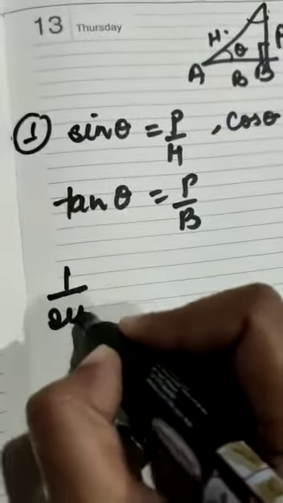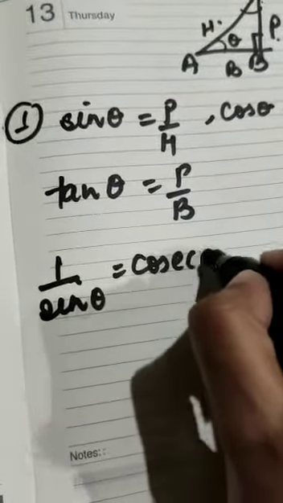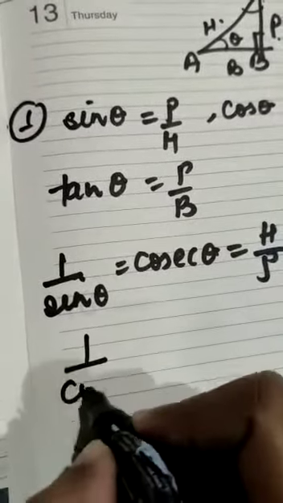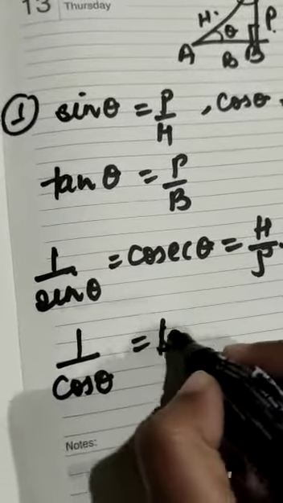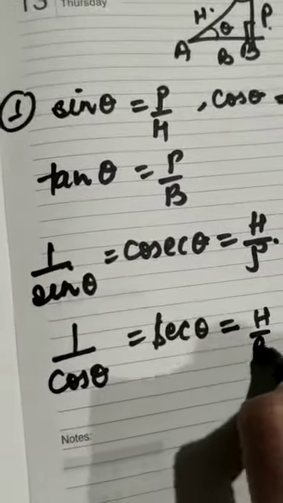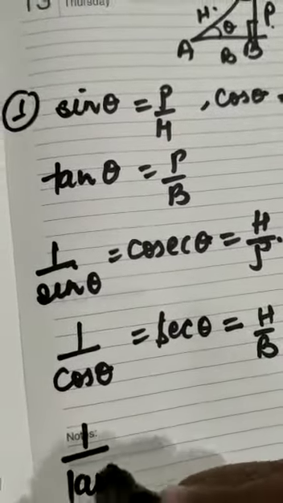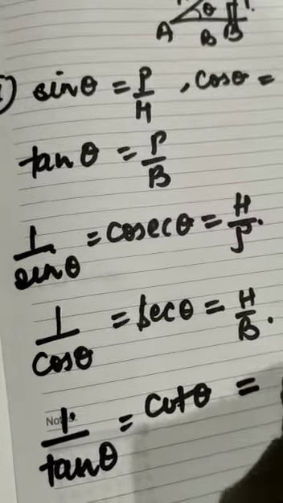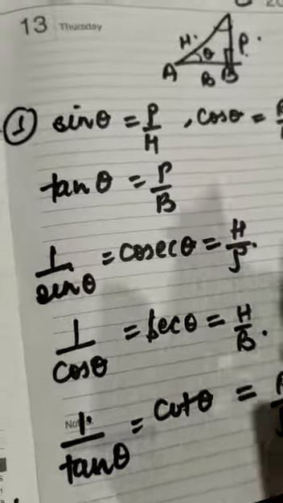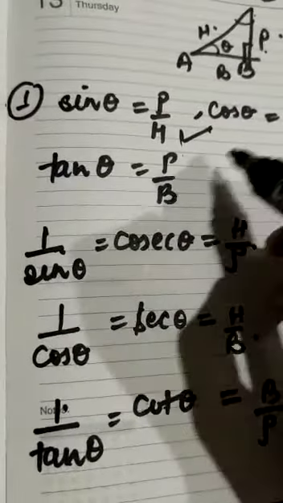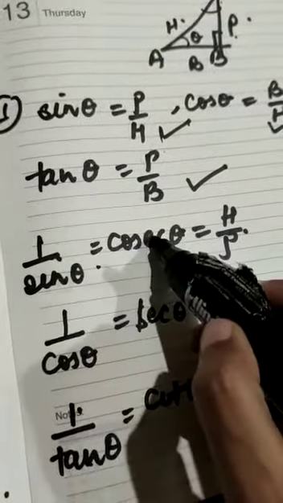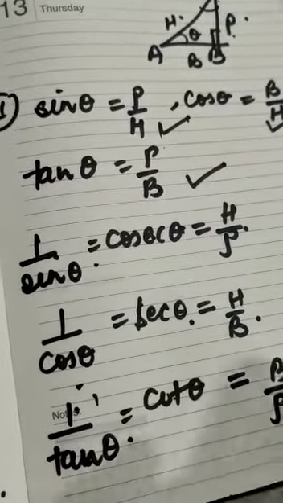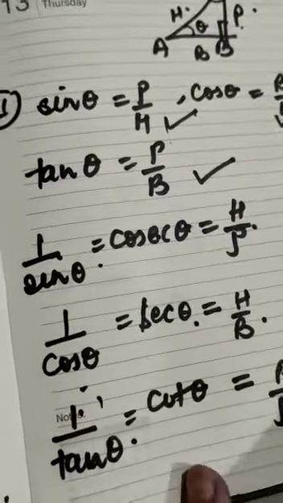Reciprocal of sine: 1 over sine theta is equal to cosecant theta, and cosecant theta is H upon P. 1 over cos theta is equal to secant theta, and secant theta is H upon B. 1 over tan theta is equal to cot theta, and this is B upon P. So sin theta is P upon H, cos theta is B upon H, tan theta is P upon B, 1 over sin is cosecant, 1 over cos is secant, and 1 over tangent is cot theta, also known as cotangent theta.